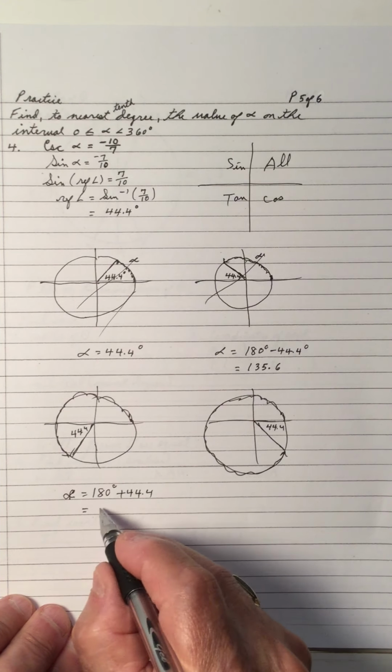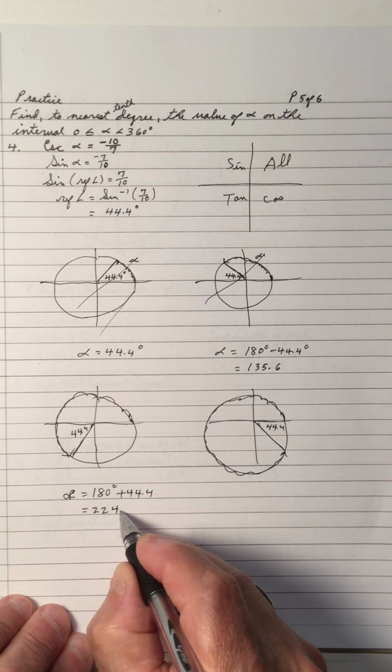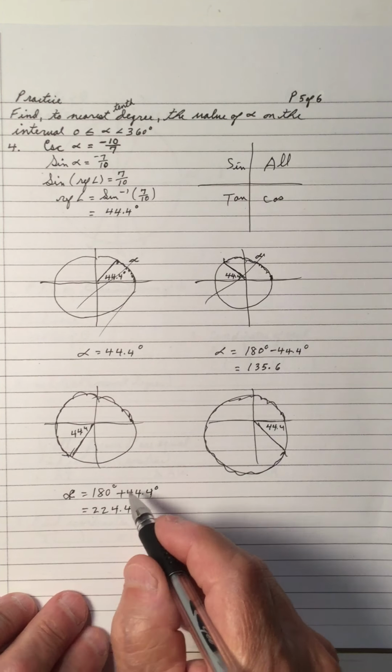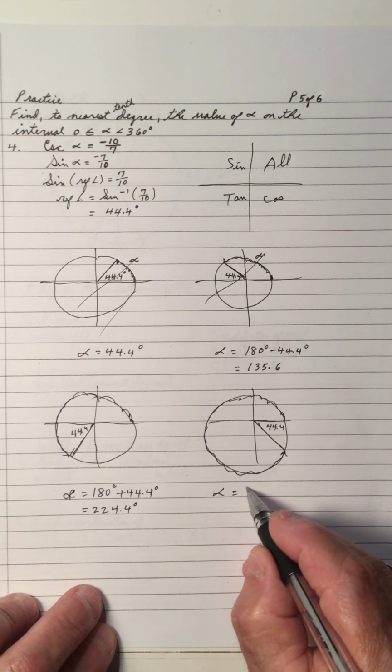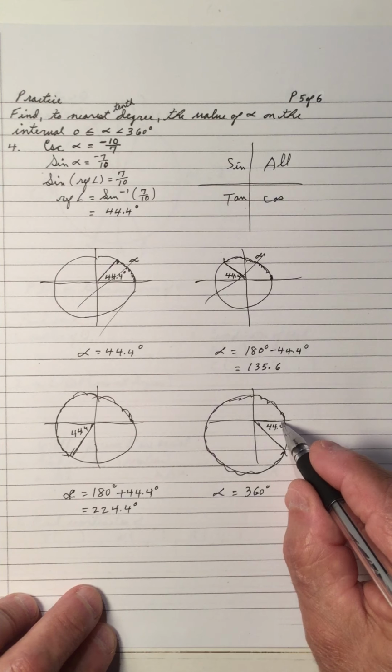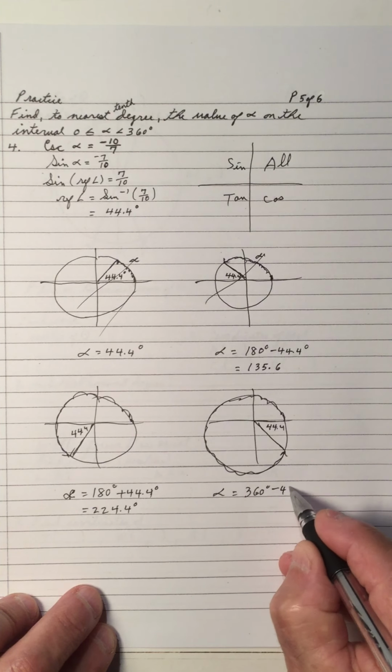So what a mistake. I almost messed it up completely, but I just happened to notice that this is negative. And the alpha here is going to be, again, 360 is all the way around and come back 44.4.